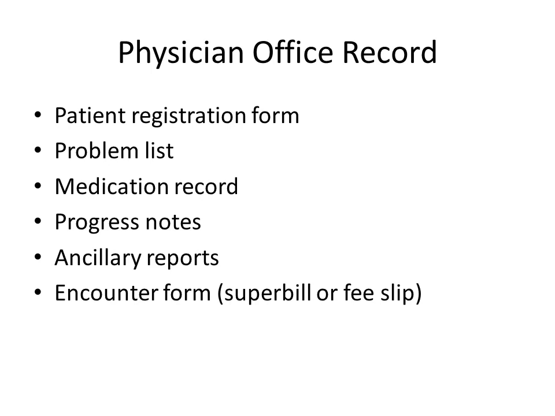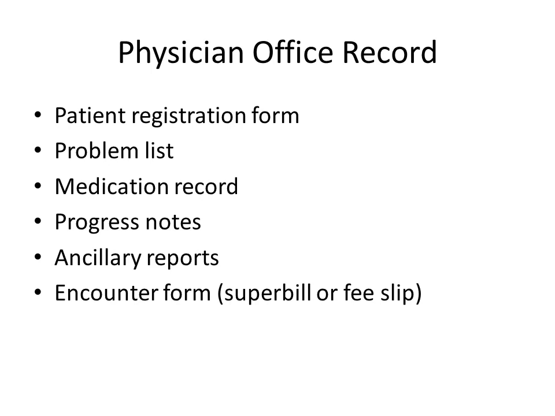Same thing with a physician office record. If you notice, that record is a little bit shorter because that's pretty much everything that happens in that doctor's office. There are things going on, but it's not that much. That record would include a patient registration form, of course, and a problem list, the reasons or problems as to why the patient is visiting the physician's office.